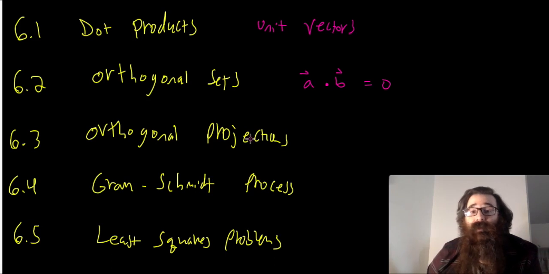And in 6.3, we really went a lot further with it. We showed a lot of nice results in both of these sections, but in 6.3, we started talking about orthogonal projections a lot more and how we can write a vector y as the sum of two vectors, the projection vector y hat, plus some other vector z, where these two vectors are orthogonal to each other.